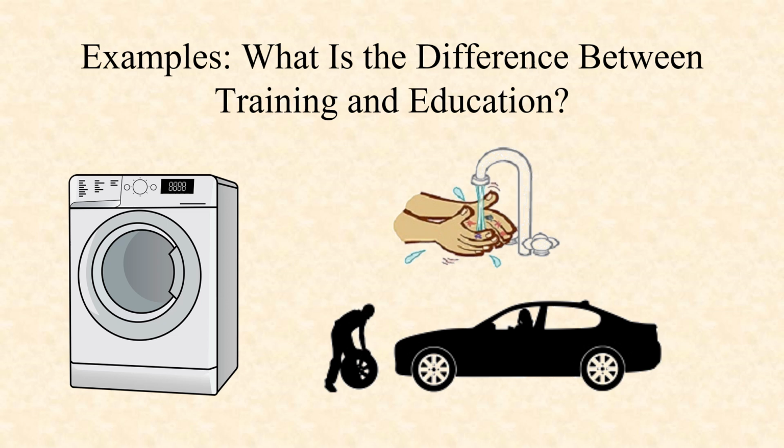Now, education would even be better. When you think about washing your clothes, there are certain clothes you have to wash together, certain separately, and there are very good reasons for that. The reasons part comes from the education.